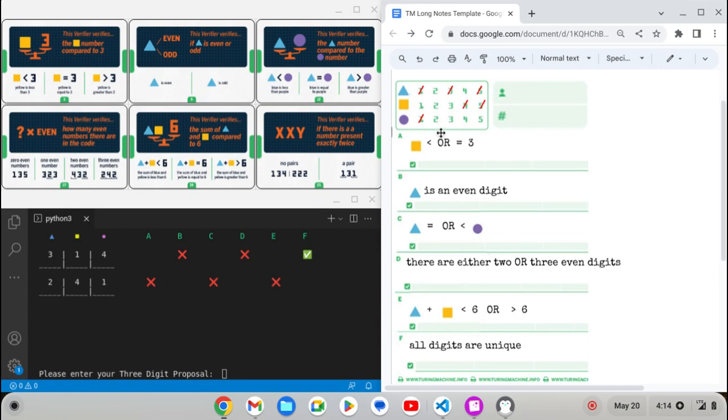I think triangle and circle have to be evens. Since those are evens, oh wait, but I think that's only if they're equal. I think there's still possibilities where they're less. Yeah, 2 is less than 3, and 2 is less than 5, and 4 is less than 5. So okay, so no, I don't think I can make any conclusions.